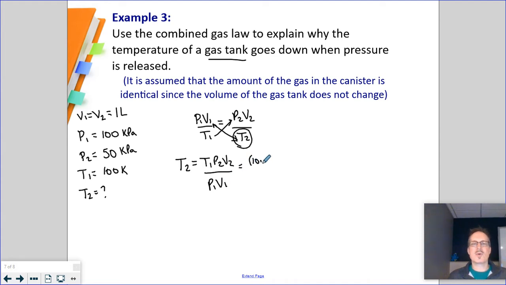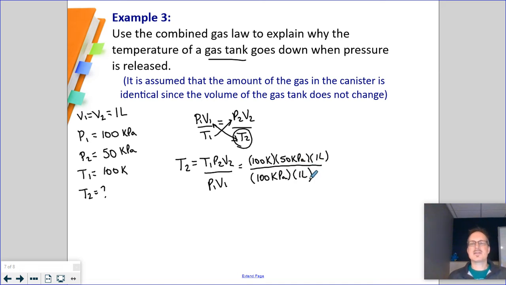We're going to take 100 kelvins and multiply by 50 kilopascals, and we're going to multiply that by 1 liter. We will then divide the whole thing by 100 kilopascals and also 1 liter.